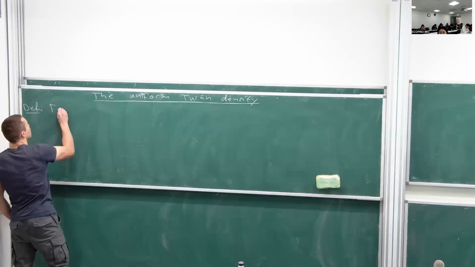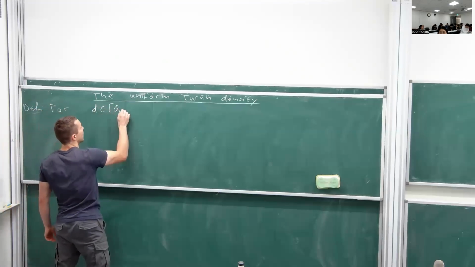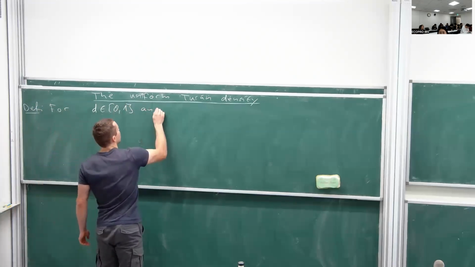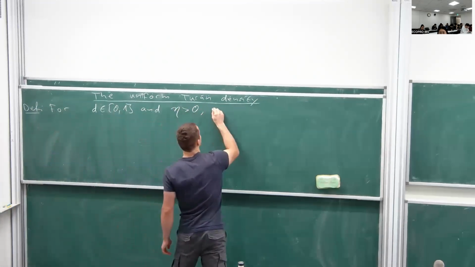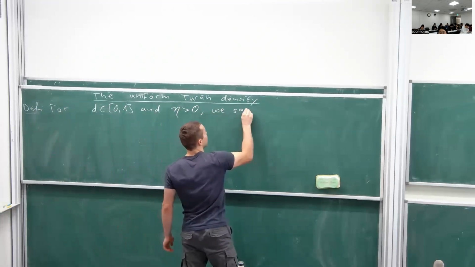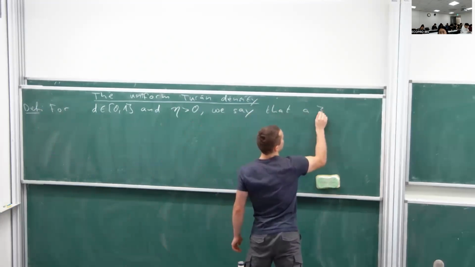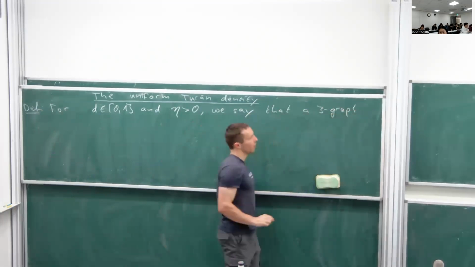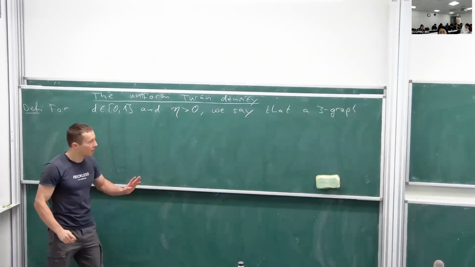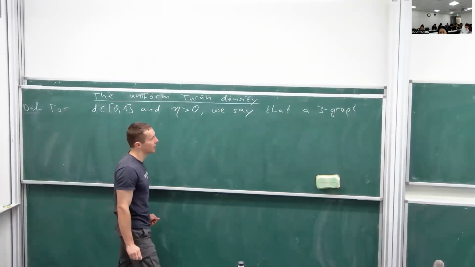So for some density d and some error term eta, for today we'll just talk about 3-graphs, but all these concepts also generalize to larger uniformities.